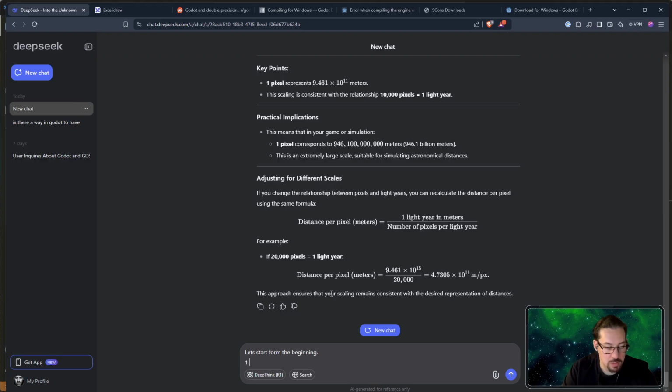1 light year should be 10,000 pixels, right?